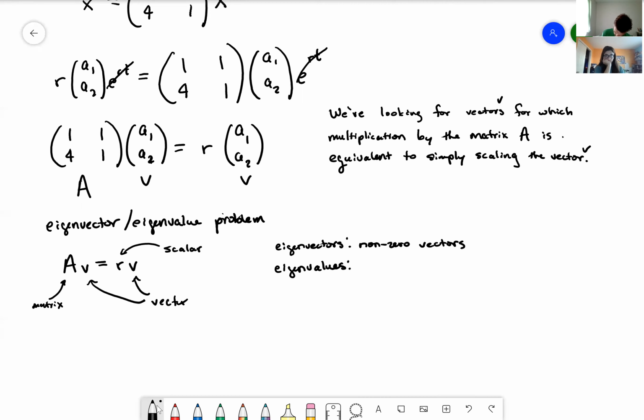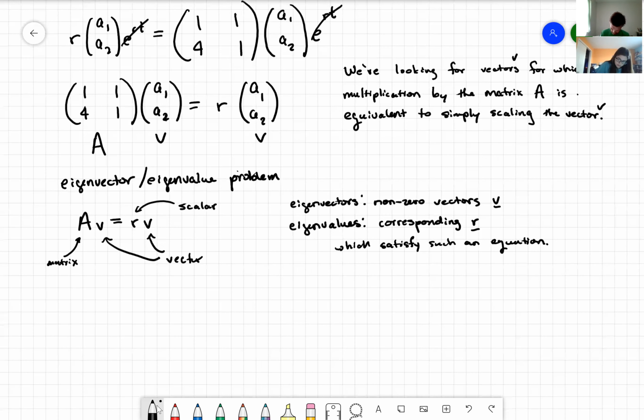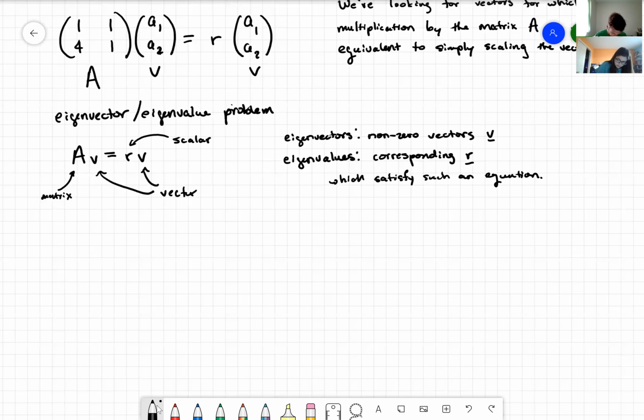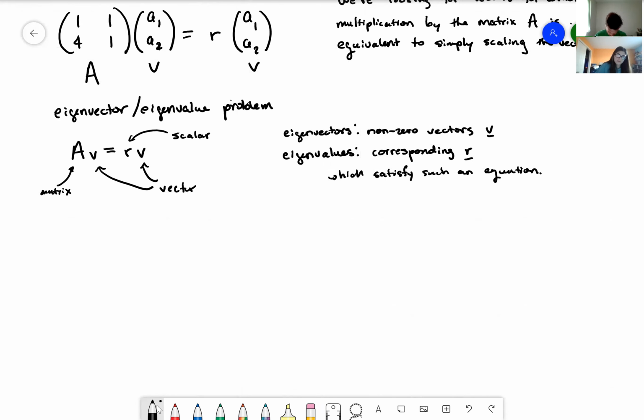These are the corresponding scalar R, which satisfy such an equation. And these are of fundamental importance throughout mathematics. Every area of mathematics, somehow you will see eigenvectors and eigenvalues pop up. For some reason, it seems to be a sort of a fundamental thing. Okay.